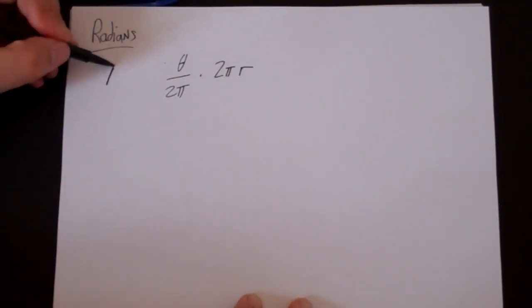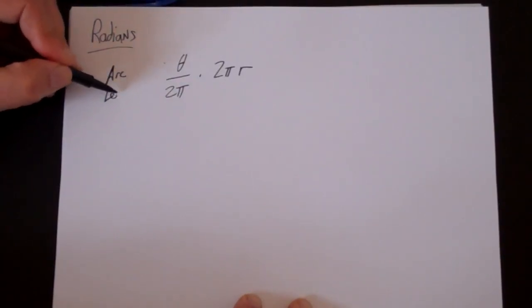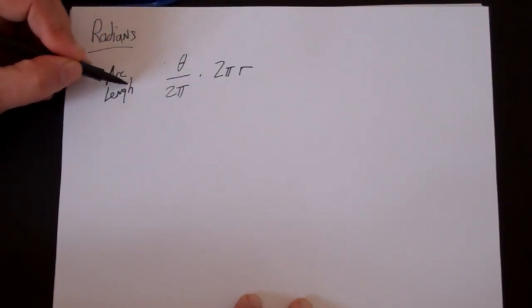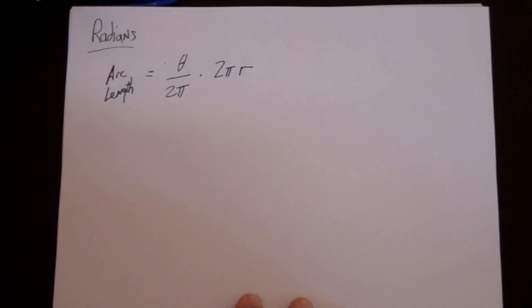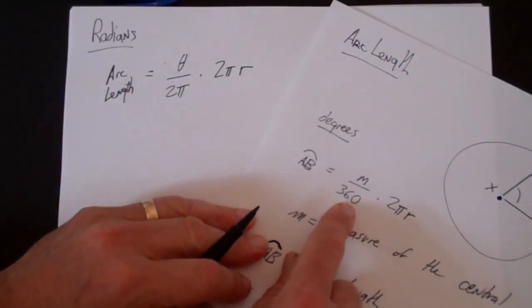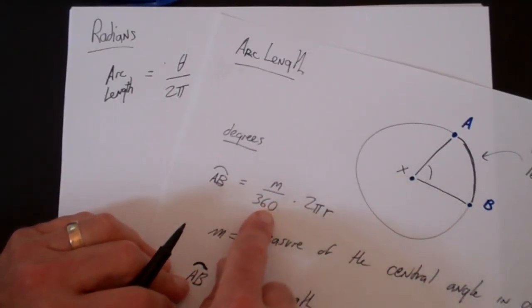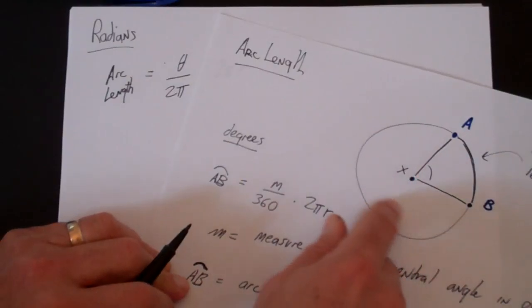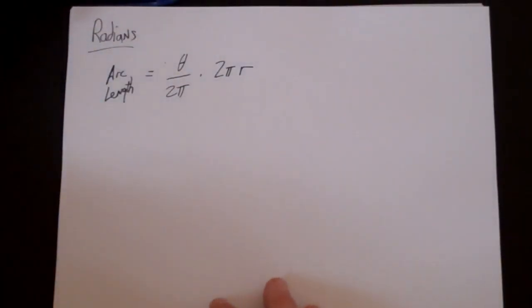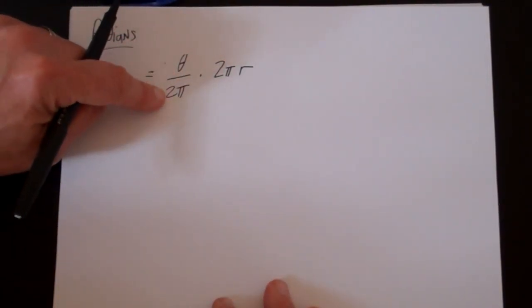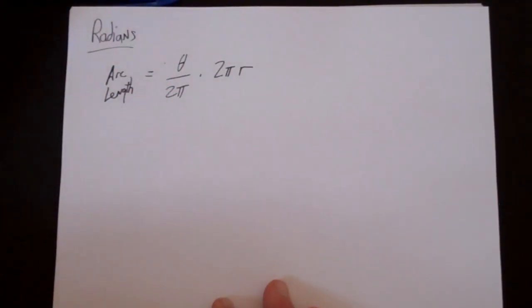It's easier to think about this as the exact same problem that we did before with degrees. Our formula for degrees was m over 360. Why was it m over 360? Because it was the measure of the angle divided by how many degrees are in a circle. Here we're dividing radians. There's 2 pi radians.